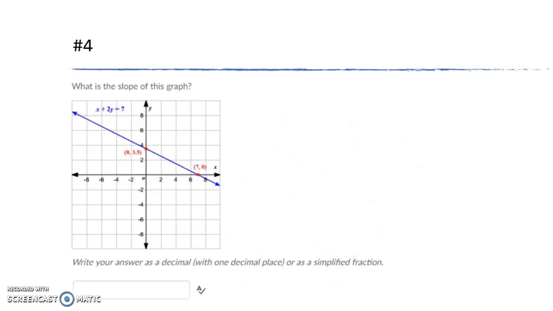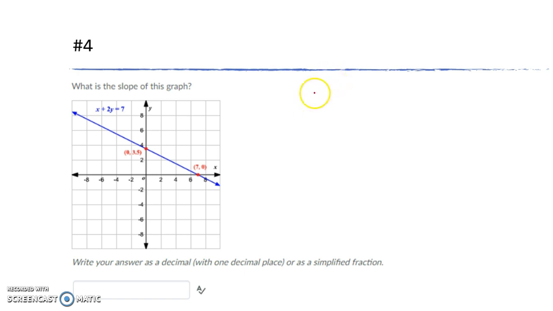Question 4 says, what is the slope of this graph? So in order to find the slope, we're going to use our handy-dandy slope formula where we find our y values and subtract them, and then we divide by the difference of the x values.